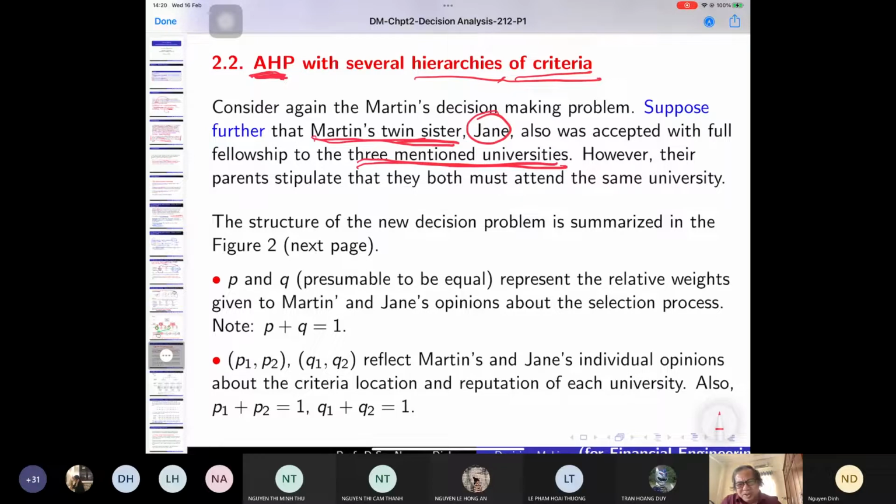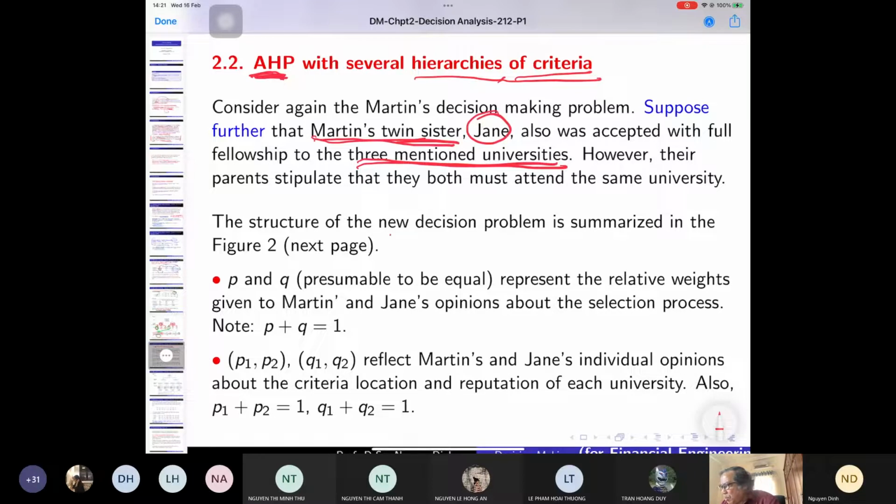Martin says location is not important. Reputation is five times more important than the location. But Jane is a girl. Maybe she does not think like this. For her, going to a very far place is also very troublesome. So for her, maybe the weights for the location and the reputation are different from Martin's. Okay? So we continue reading.